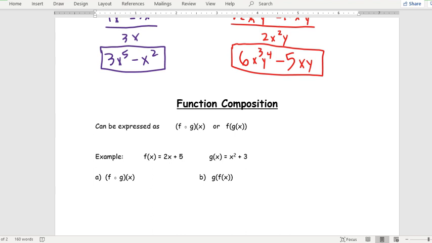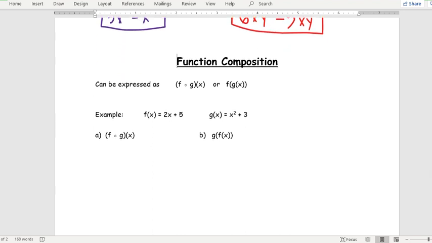All right, so let's look at two examples. F composed with g of x, so just like we wrote it here, we're going to take the g function and plug it into the x value in f. So we have 2x, I'm going to leave a big space there, plus 5.